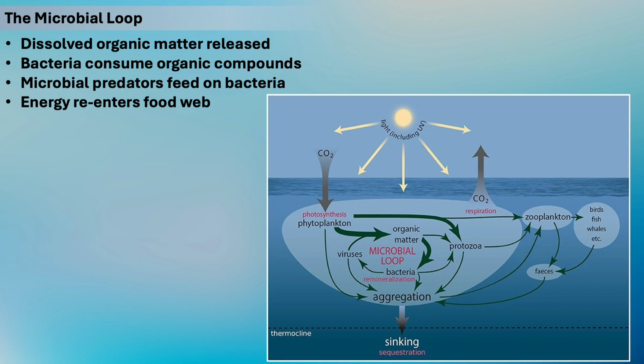To understand this process, we need to begin with the idea that not all organic material produced by phytoplankton is immediately consumed by larger organisms like zooplankton. A significant portion of that production is released into the surrounding water as dissolved organic matter, often abbreviated as DOM.